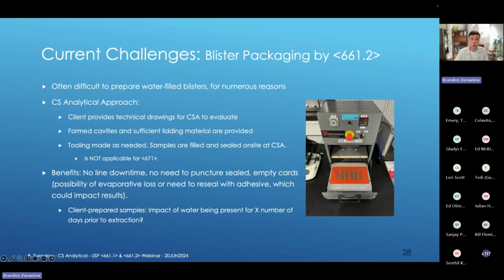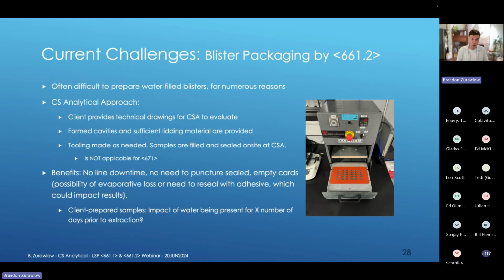We make custom tooling, as you can see here. This is our little lab scale blister sealer. I will have custom tooling made, and then we can be the one to micropipette a couple hundred microliters of liquid into each cavity, seal it, extract it, and then recover that solution for analysis.